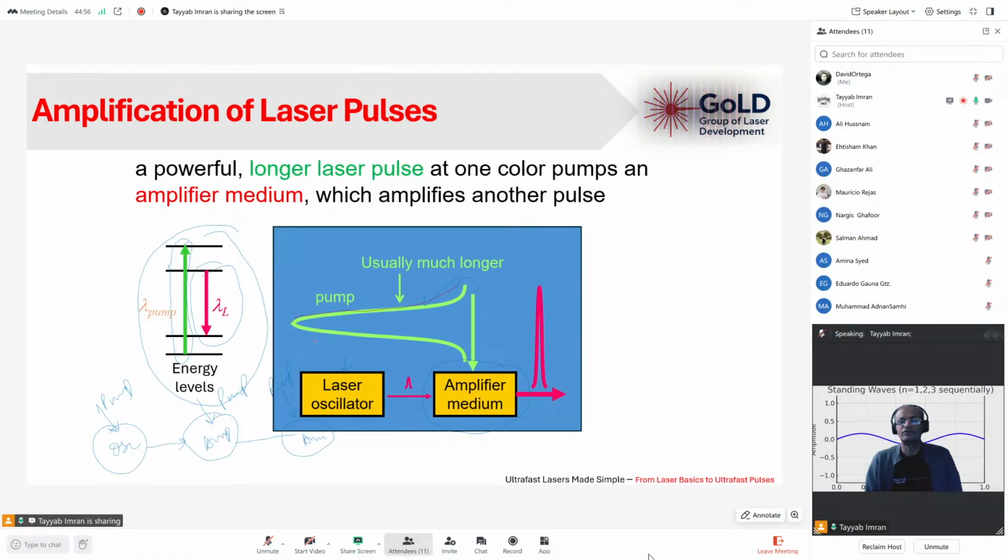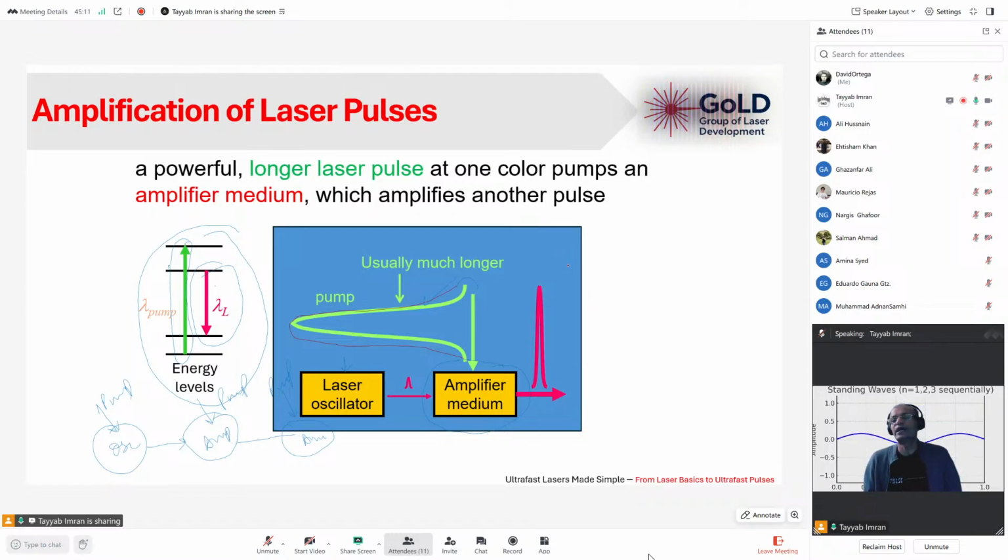Like here you can see, a longer pulse, and usually in the nanosecond range. Okay, and it has to be intense.